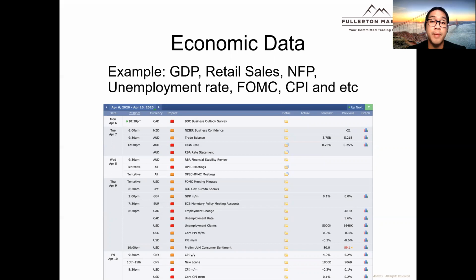For example, milk prices would affect Australia or New Zealand more than they would the US. So it really pays to know what the economic movers are of the economy or whatever country that you are looking at.